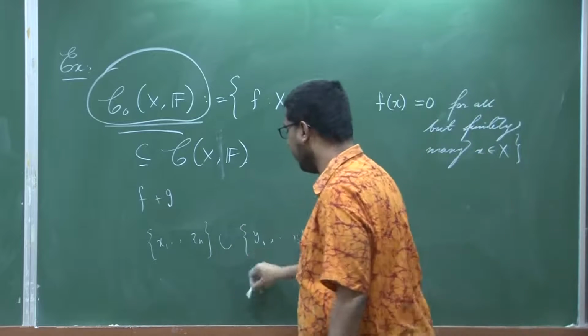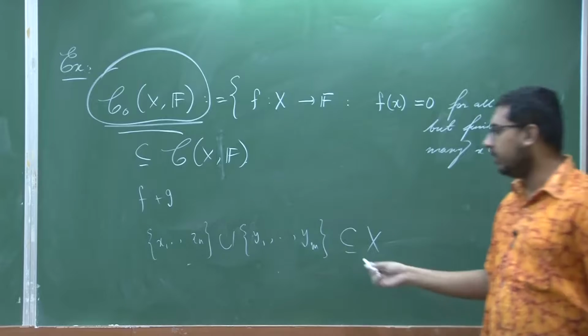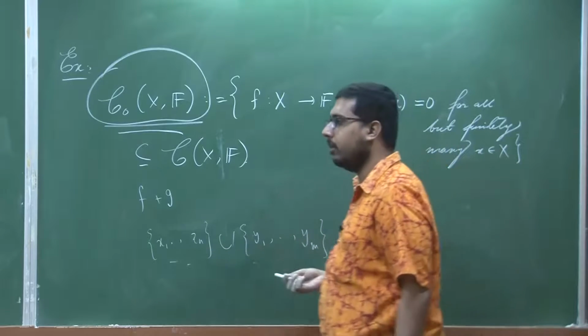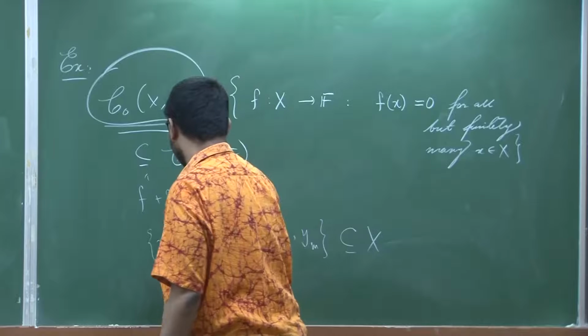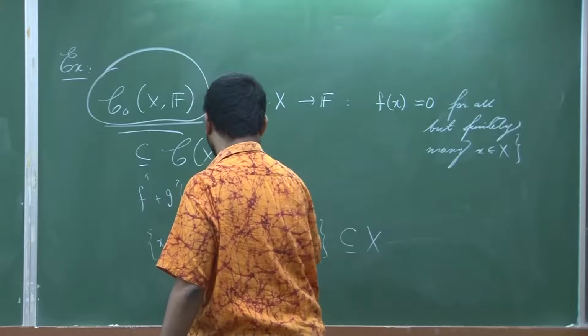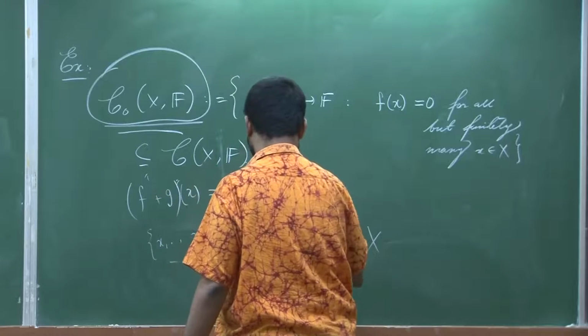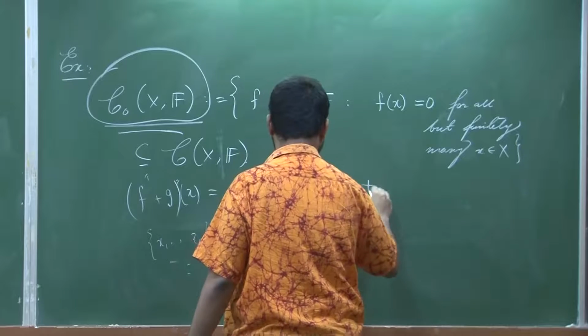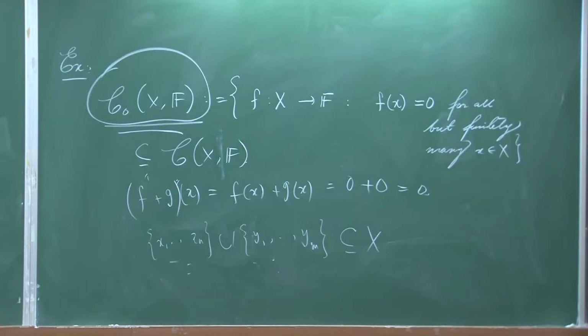Then the union of two finite sets will be finite. Therefore, in the complement of x1 up to xn and y1 up to ym, both f and g will vanish. So (f plus g)(x), f(x) plus g(x), when x lies in the complement of this union, since both of them will be 0, it will be 0. So f plus g also has the same property.